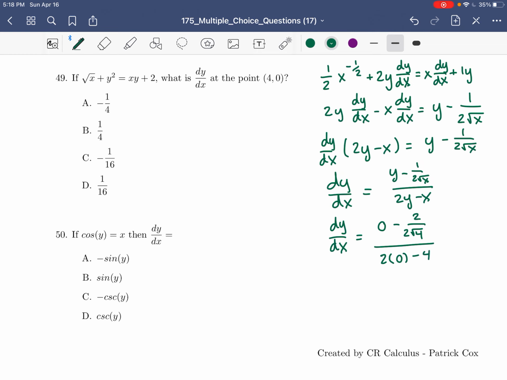So when I simplify this, the top's going to become 1/2 times 2. So that's just going to be negative 1/2 divided by negative 4. And this is really going to be the same thing as negative 1/2 times negative 1/4.